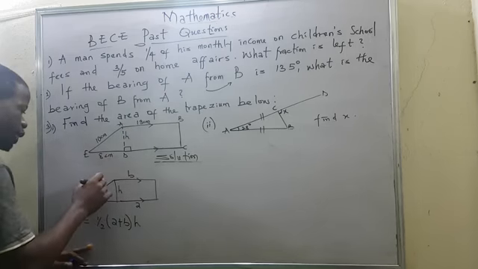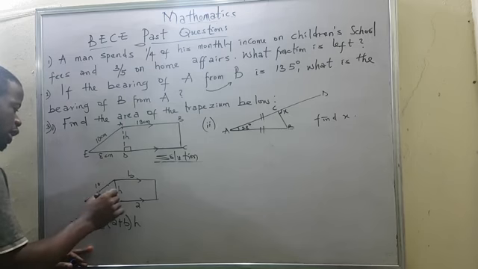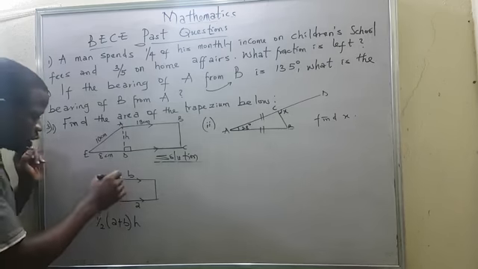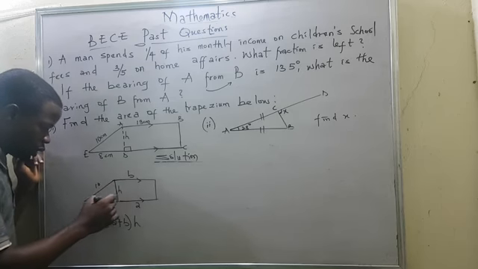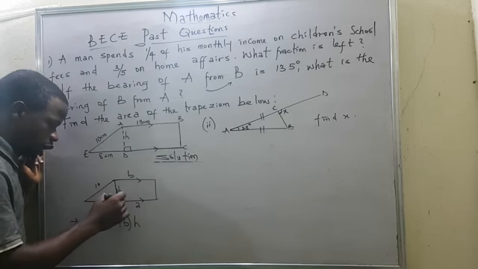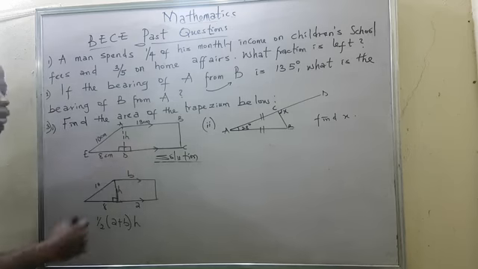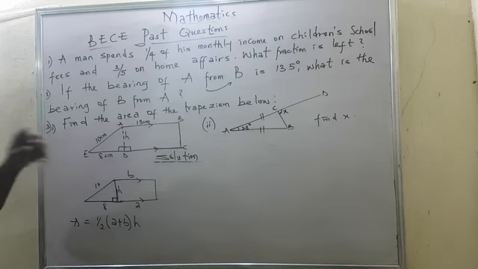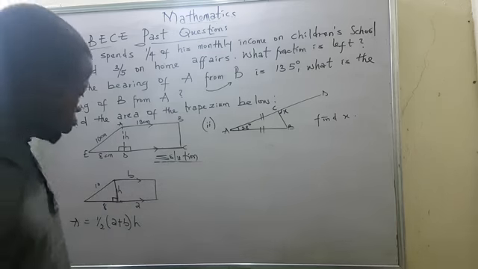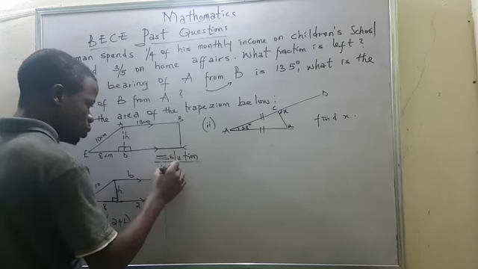But here we have 10, here we have 8. And this line is perpendicular to this line. So that means this place is 90 degrees. Of course, this is already 90. So since this is 90, you can use Pythagoras theorem.